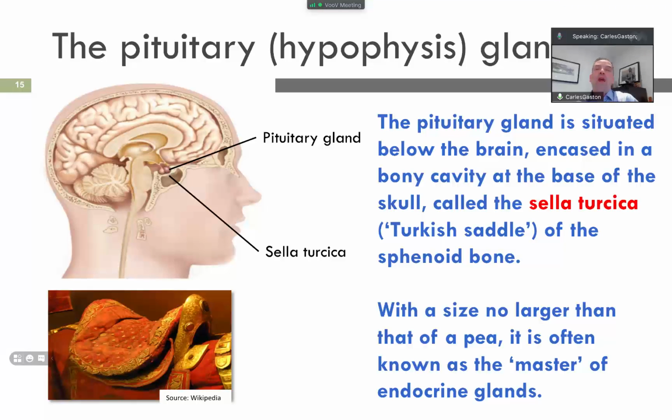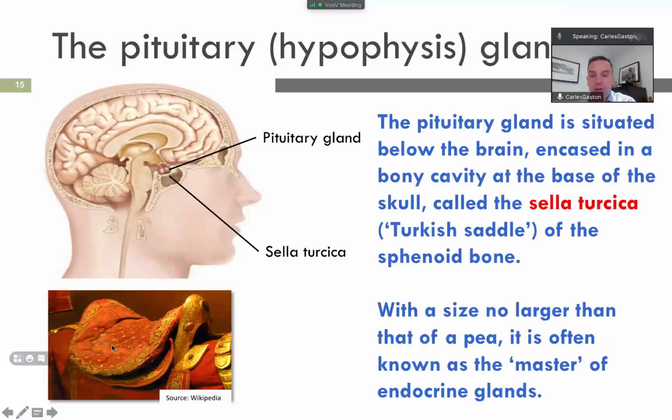So now that we have talked about the hypothalamus and the hypothalamic areas and the different nuclei, what do we know about the anatomy of the pituitary gland? As I said, the pituitary gland sits in the sella turcica. Sella turcica comes from Old Latin and means Turkish seat.